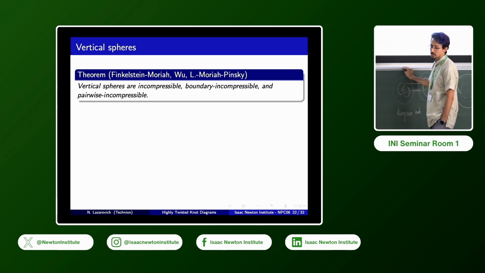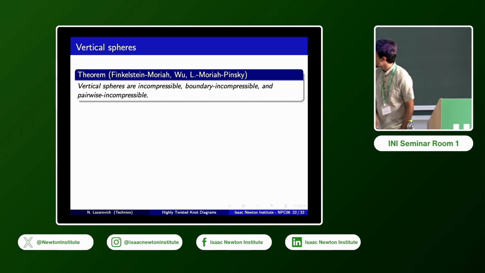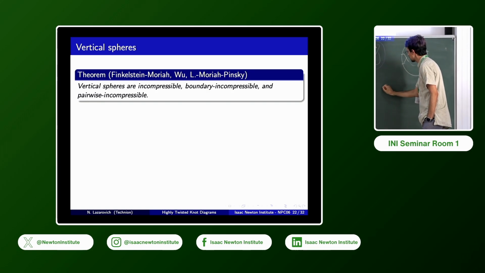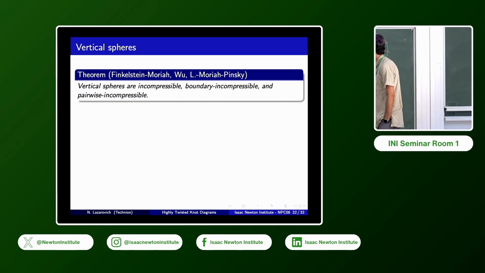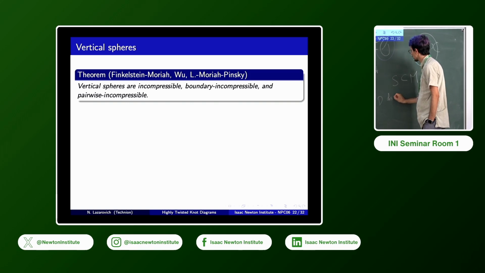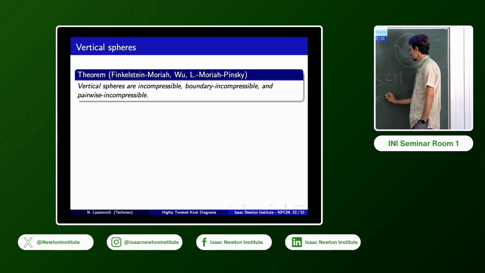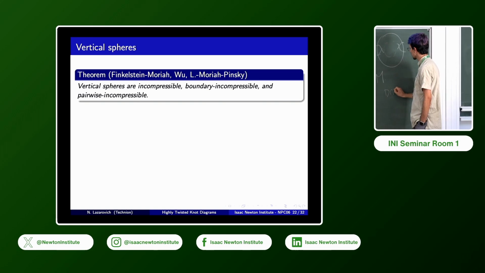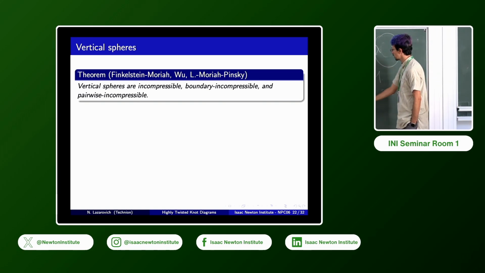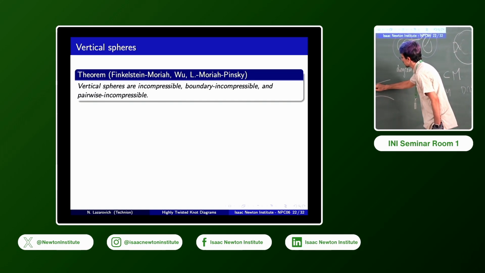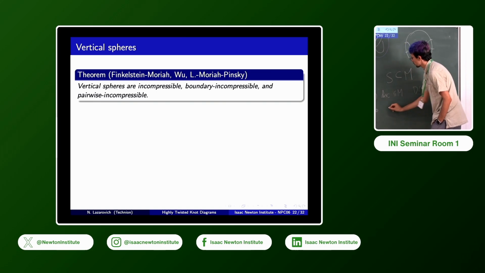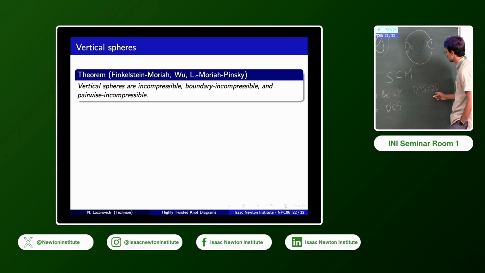Incompressible means that a surface S inside a 3-manifold is incompressible if whenever I have a disk D in M which intersects S along its boundary, so this is some disk that lives inside the manifold and intersects the surface, then there exists another disk inside S with the same boundary.